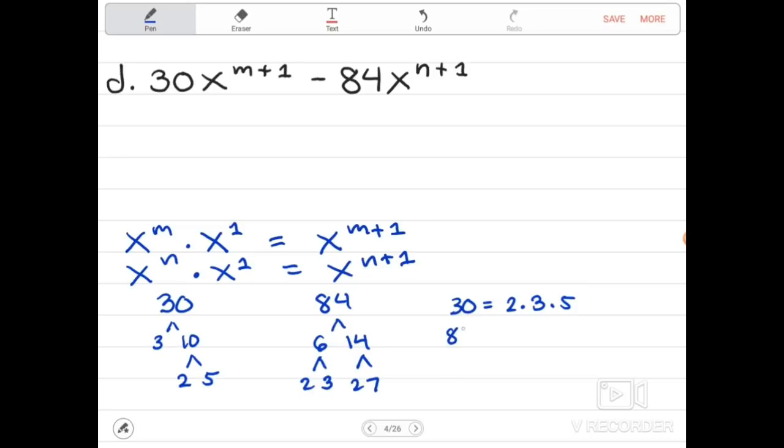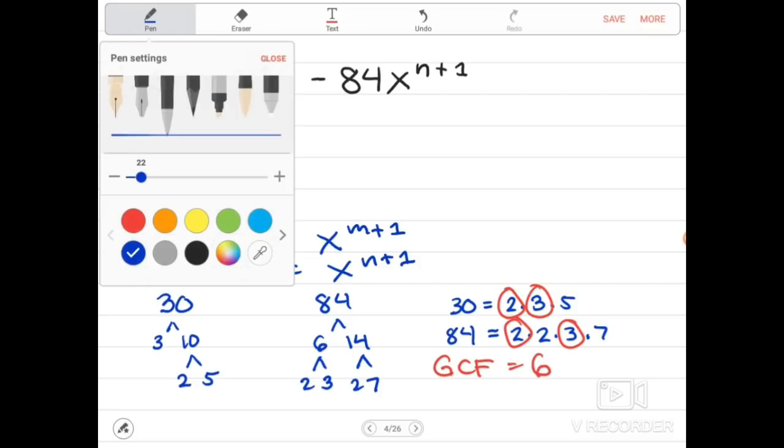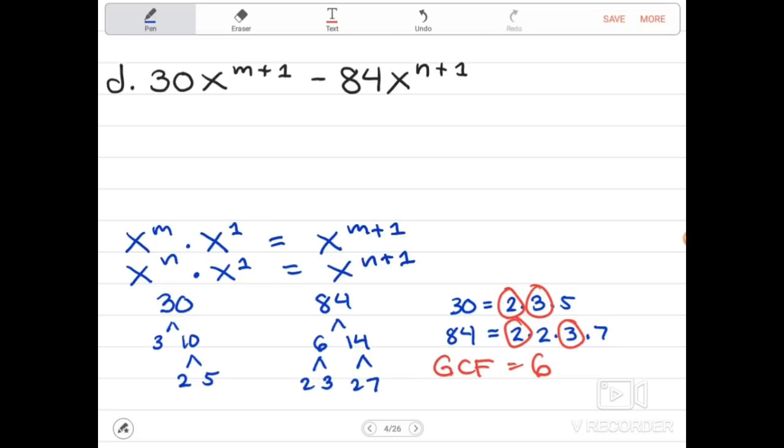How about 84? We have 2 times 2 times 3 times 7. So, the greatest common factor will be 2, 3. So, the greatest common factor will be 6. Okay?